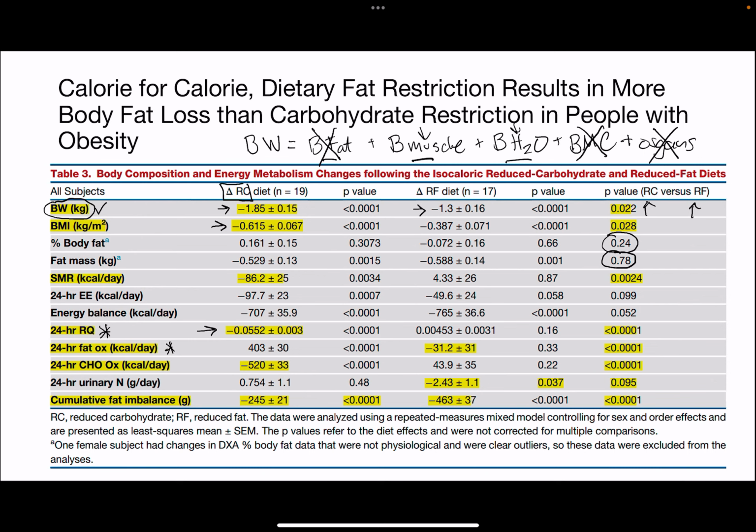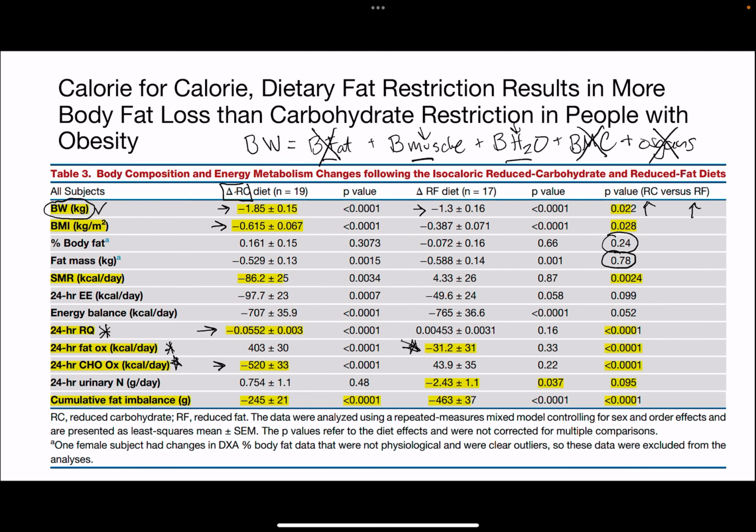So in the reduced fat diet, we are incurring a higher fat imbalance, whereas in the low carbohydrate diet, we're incurring a carbohydrate imbalance.